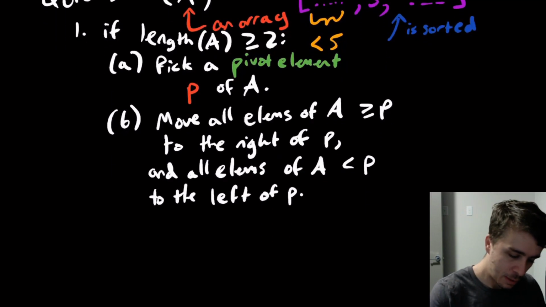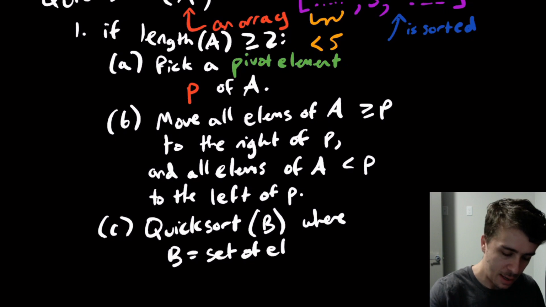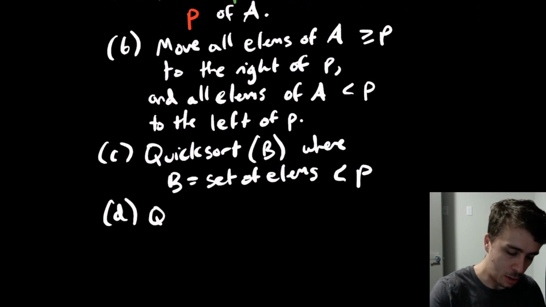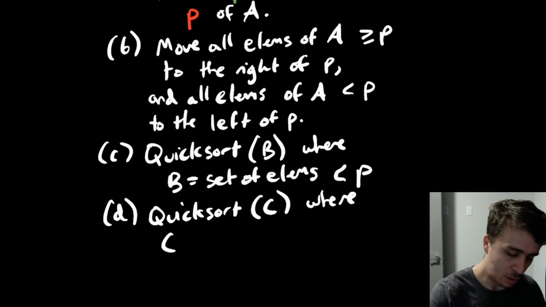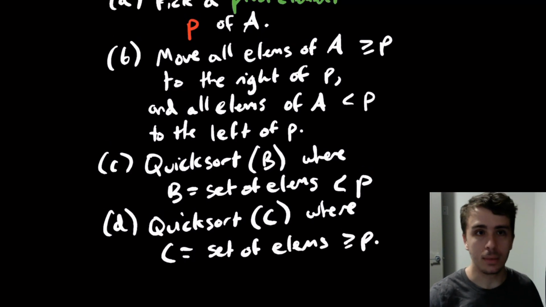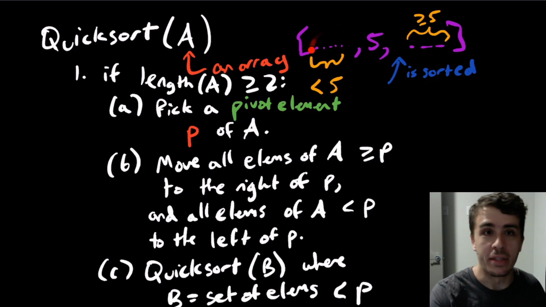So all we need to do is call quicksort on B, where B is the set of elements that are strictly smaller than P, and then call quicksort on C. These are just names of the two halves of the array, where C is the set of elements that are at least P. All we're doing is recursively working on this piece and then recursively working on this piece individually.